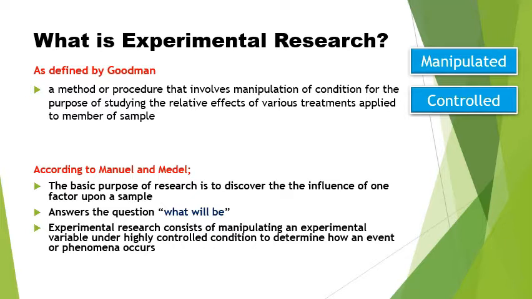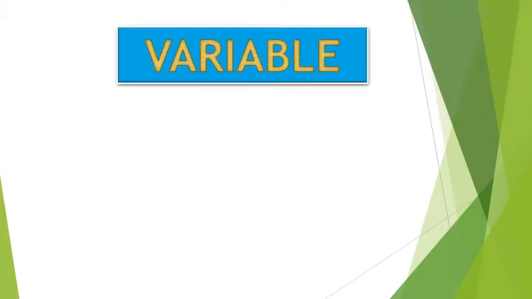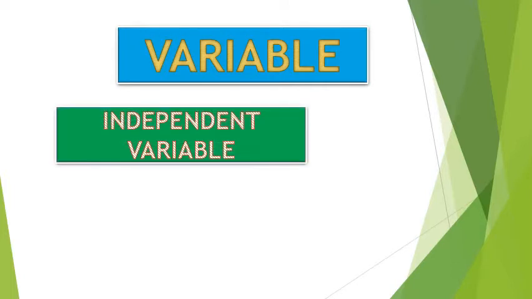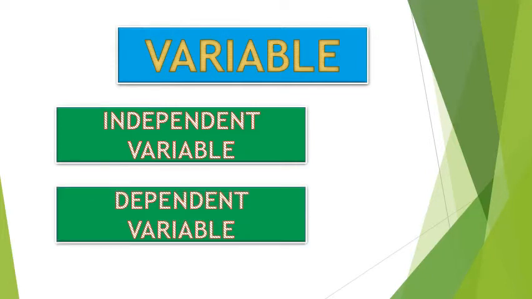In any research, there will always be this factor, or this underlying idea, which a researcher will always consider, and this is what we call the variable. There are two kinds of variable: the independent variable and the dependent variable.